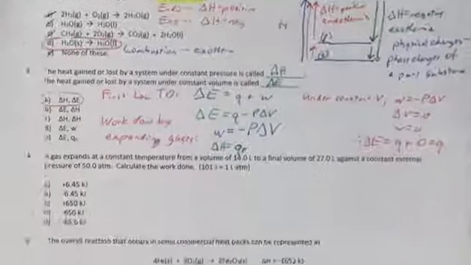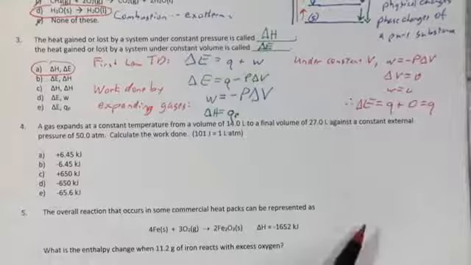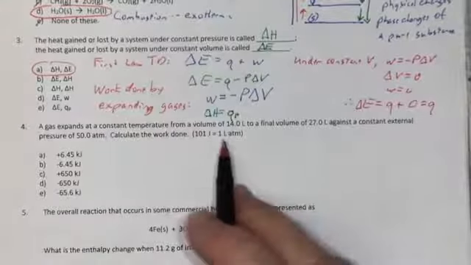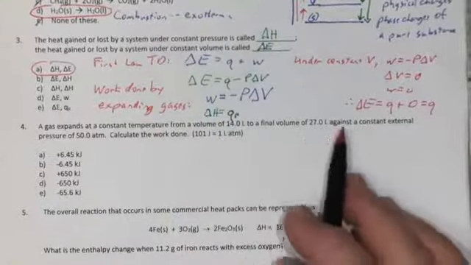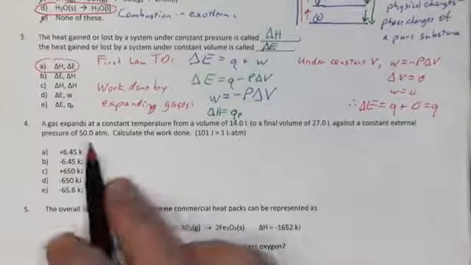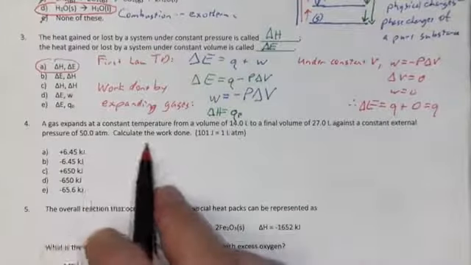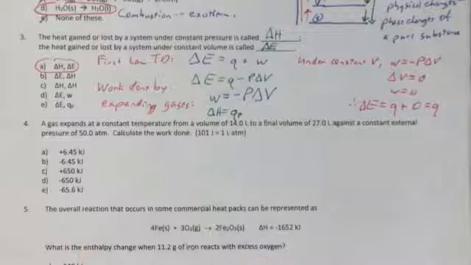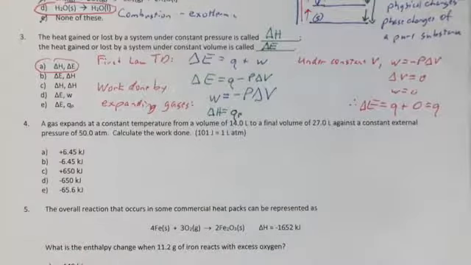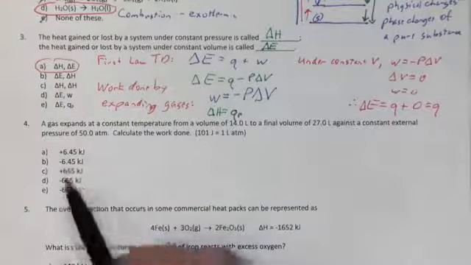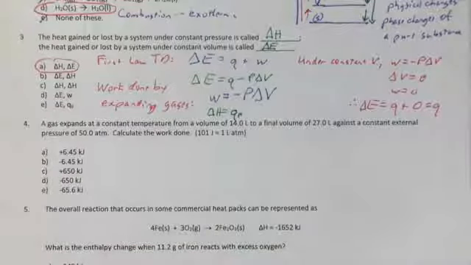Number 4. A gas expands at a constant temperature from a volume of 14 liters to a final volume of 27 liters against a constant external pressure of 50 atmospheres. Calculate the work that's done in this case. Well, first of all, is the work considered positive or negative?